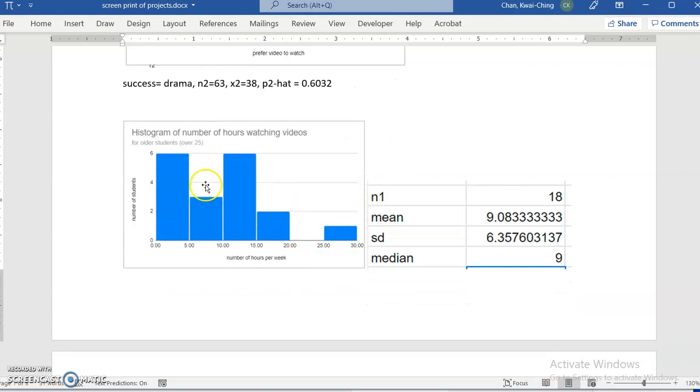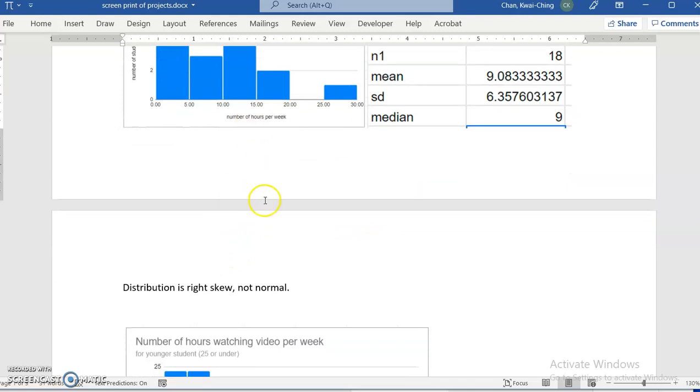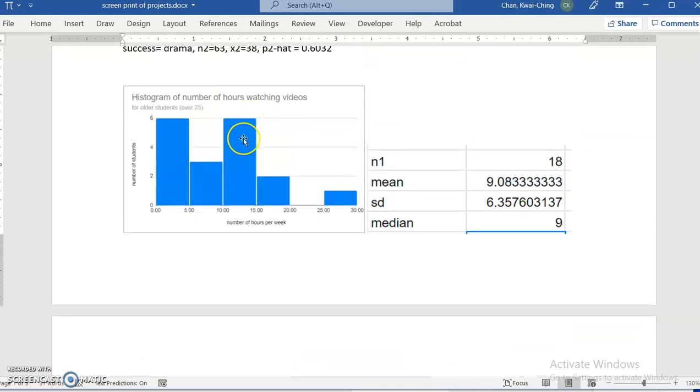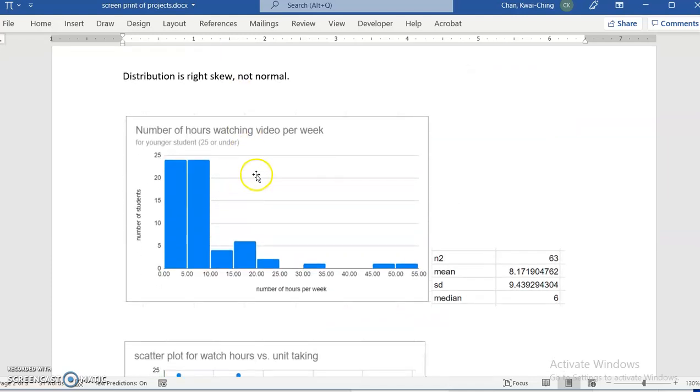I also did a histogram of one of the quantitative data, which is the number of hours of watching videos. I summarized the mean, standard deviation, median, and also the sample size. I also described the distribution shape. The first graph is from population 1 for older students, and the second histogram is for the younger ones.